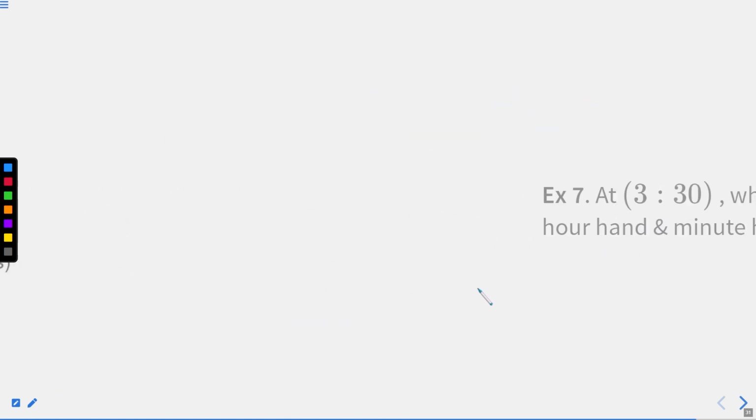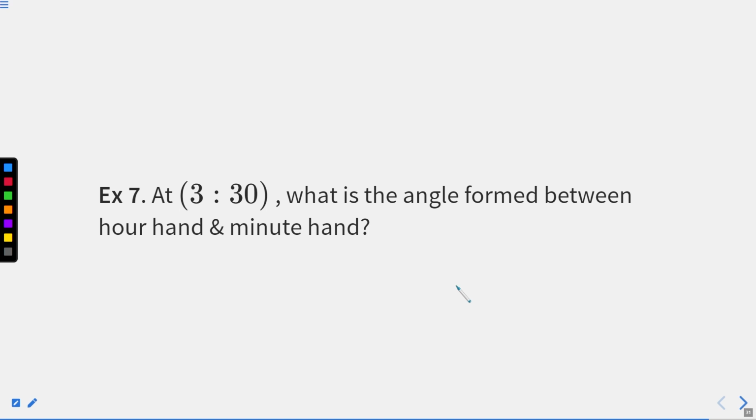We'll discuss one more question for this chapter and then we'll wind up this chapter, right? So at 3:30, what is the angle formed? Check it here. When the minute hand is at 30, it is vertically downward at 6. Now we are talking about 3, so at 3 the position is this. This is 4 and this is 5.